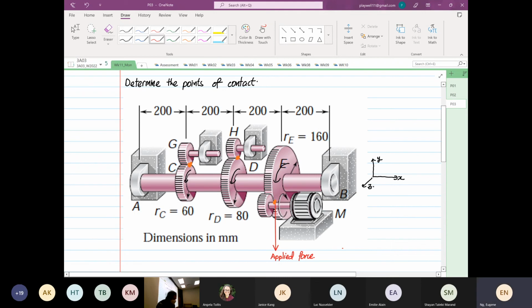Now, if we look at H, can you see the direction of the applied force? The direction of the applied force is going this way.